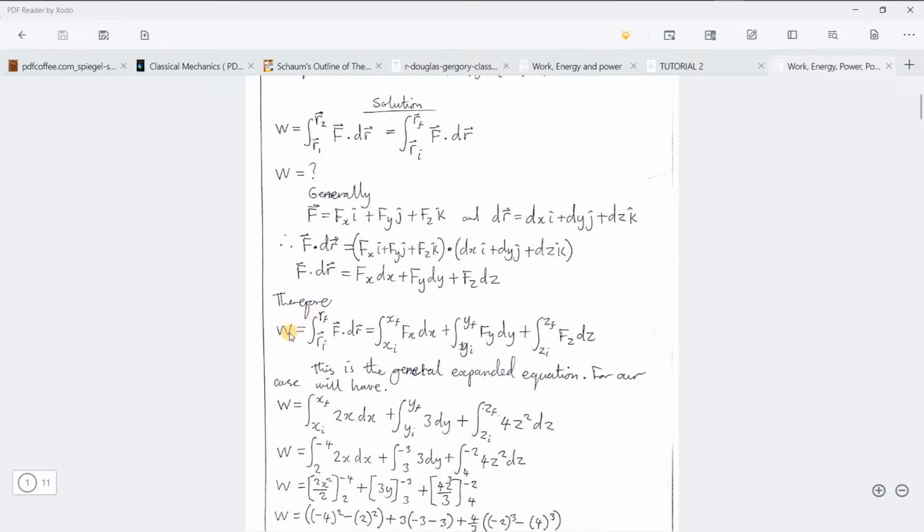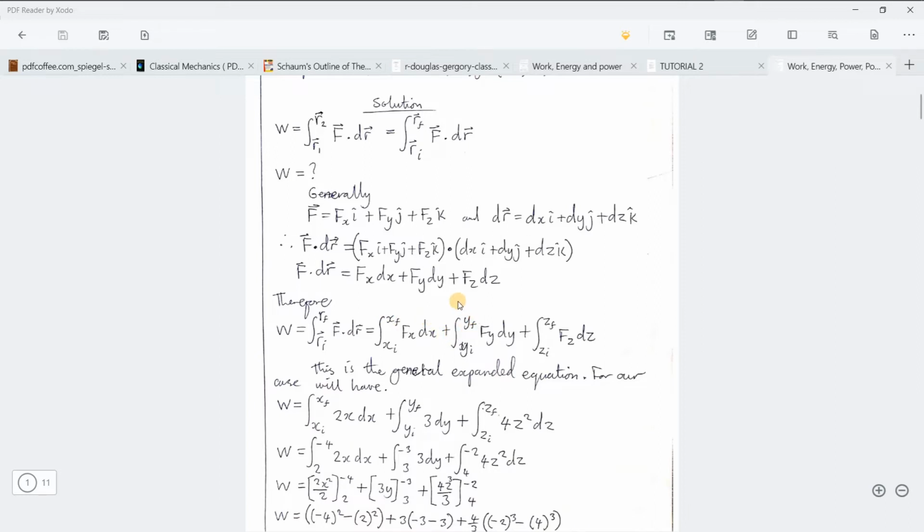Here we can therefore say that work is equal to the integral from ri to rf of F dot dr. Taking our F dot dr, it will be the integral of fx dx running from xi to xf, since the integral is with respect to x, so the limits go from x initial to x final.